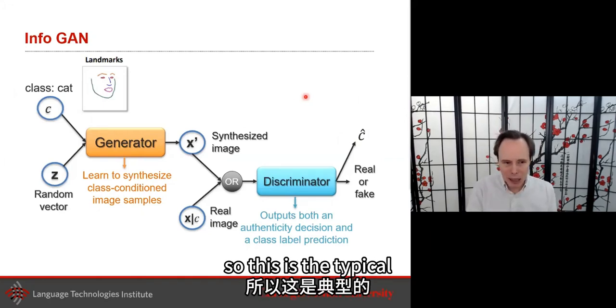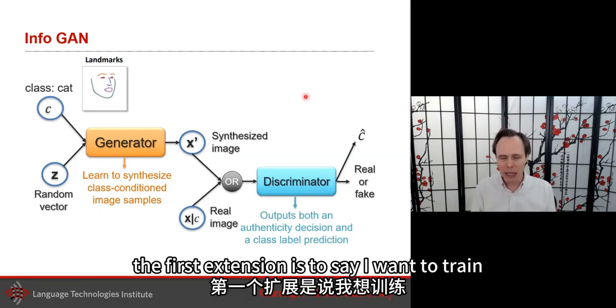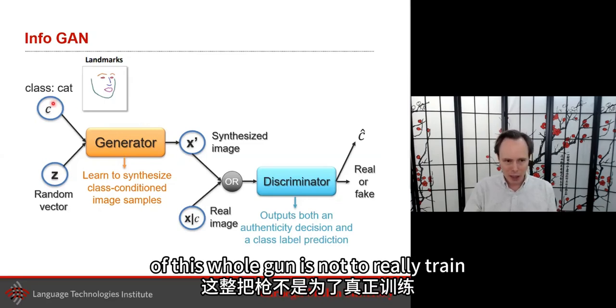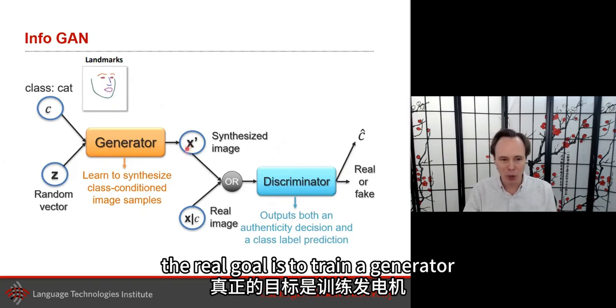So this is the typical GAN, but I want to talk about two extensions from that. The first extension is to say, the main goal of this whole GAN is not really to train a discriminator. The discriminator is just there to help me. The real goal is to train a generator.